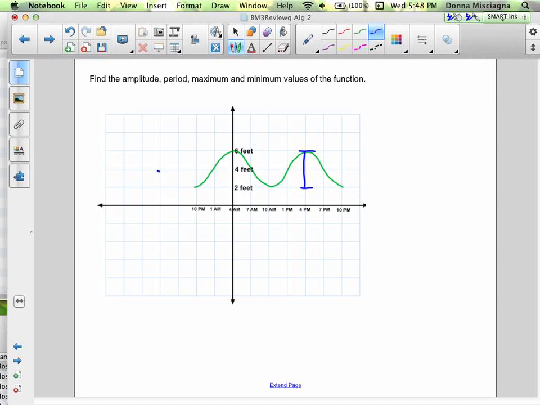So this halfway point would be the midline. The amplitude is the distance from the midline to either the maximum value or the minimum value. So this right here is the amplitude. I'll put amp. So amplitude here equals 2 feet.